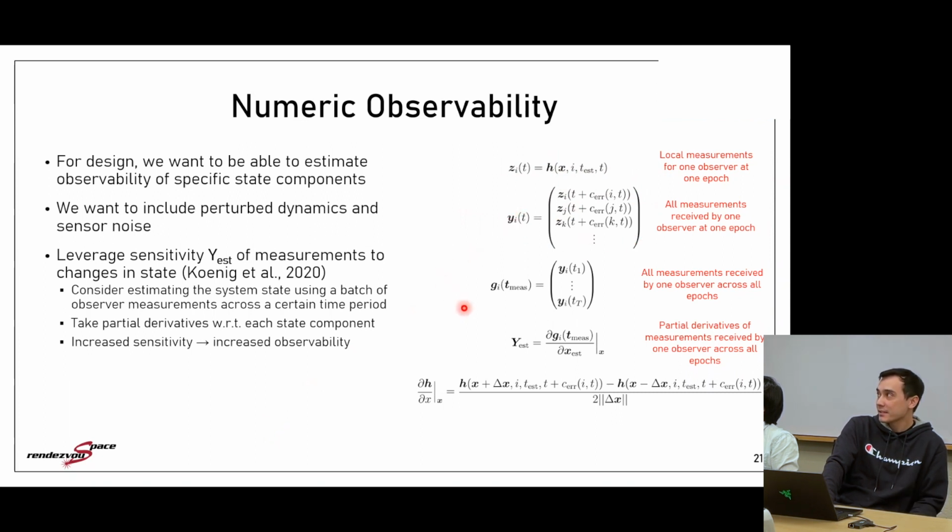And then we stack this into essentially the same thing except across a set of measurement epochs, essentially saying we have a set of measurements over some time. If we have these measurements, can we estimate the state, or how well can we estimate the state? And to do that, we take the partial derivatives of this set of measurements with respect to each state component, with the idea that if specific state components and specific measurements are more sensitive to each other, they are more observable because we can see those larger changes more easily.